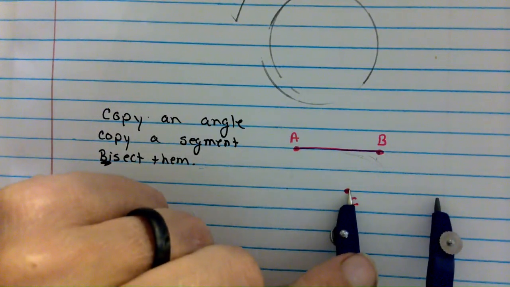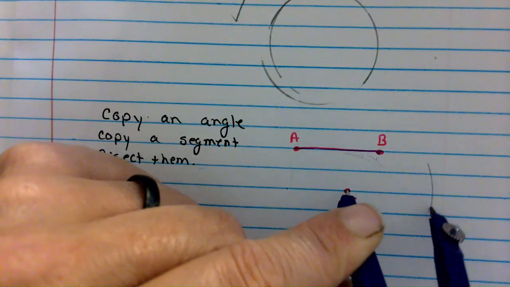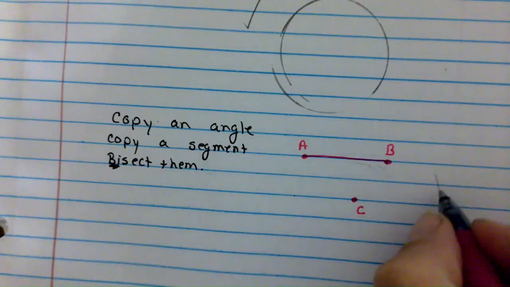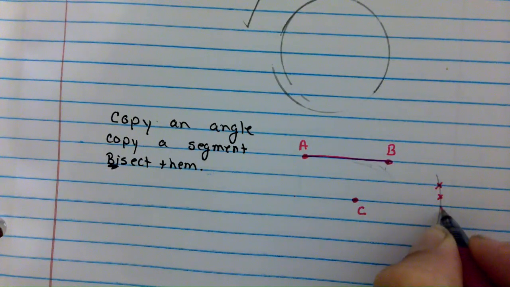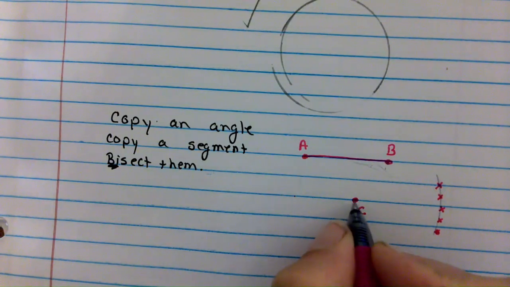So I'm going to come down here and as long as I put it anywhere on this mark, it's going to be the same length. I don't care whether you put your next letter here or here or here or here or here. It's going to be the same length. Why?